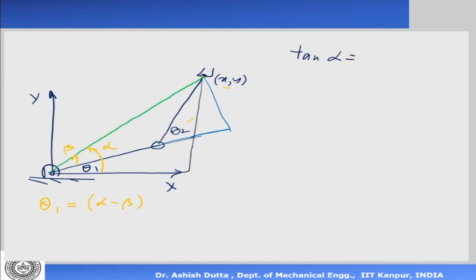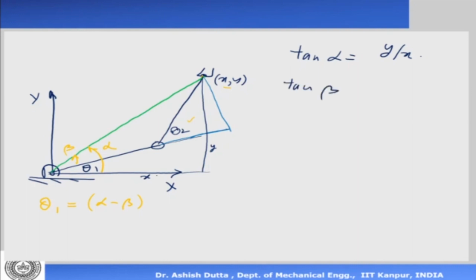Tan alpha is this big triangle. So tan alpha is y by x in that big triangle. This is y, and that is x, right? So that is tan alpha.